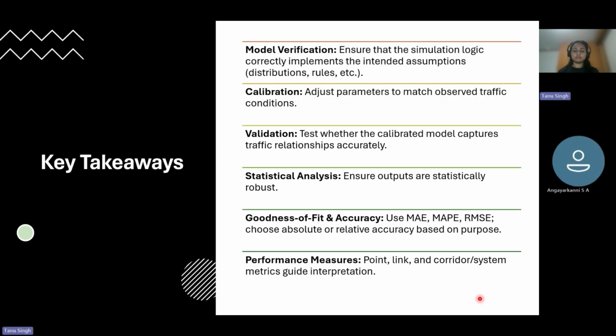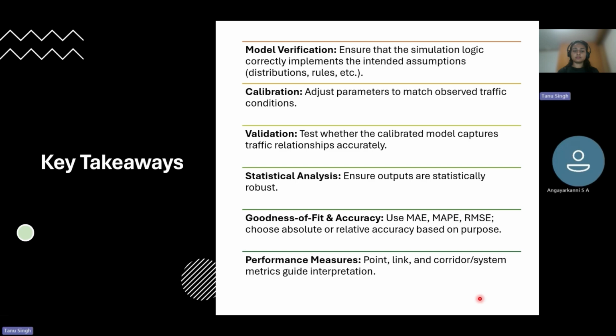The key takeaways: after we take the input in terms of supply and demand, do the microsimulation, and get the output, the main steps to be applied are, first, model verification. This ensures that the simulation logic replicates what the developer has intended, that is the distribution of rules.